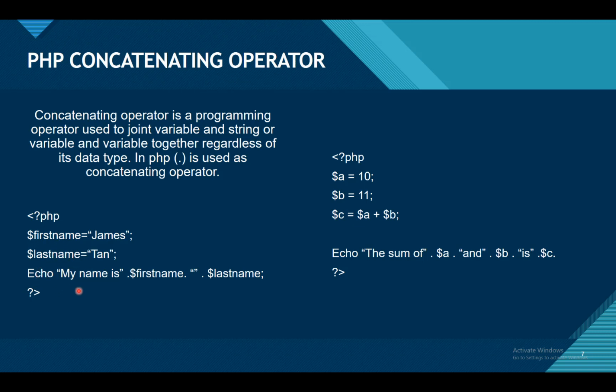We have echo, the string my name is, and then a period as the concatenating operator, then first name, another period, and another variable, the last name, and of course the semicolon. I put a quotation here as a space between the first name and the last name.